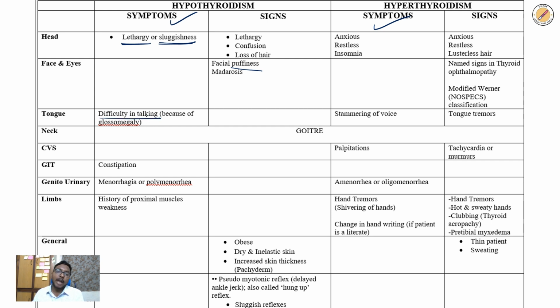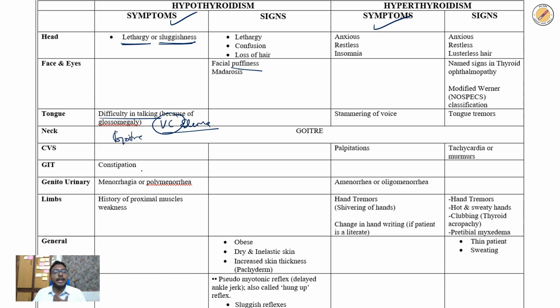Why? In hypothyroidism, there will be edema everywhere. So you can have glossomegaly, and also a little bit of vocal cord edema. Because of that, there will be difficulty in talking. Okay, right. Next, obviously in the neck you can have goiter.